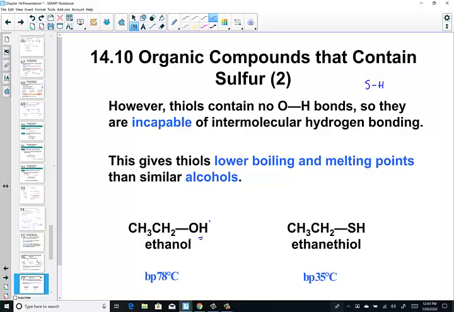So here we have an OH that has the strongest type of intermolecular attraction possible with a boiling point of 78. If I substitute out an oxygen for a sulfur, we have a lower boiling point at about 35. So OH, strong attractions, high melting points. The thiol, still a dipole moment, still a polar molecule, but not the significance of hydrogen bonding, so you'll see the boiling point lower.